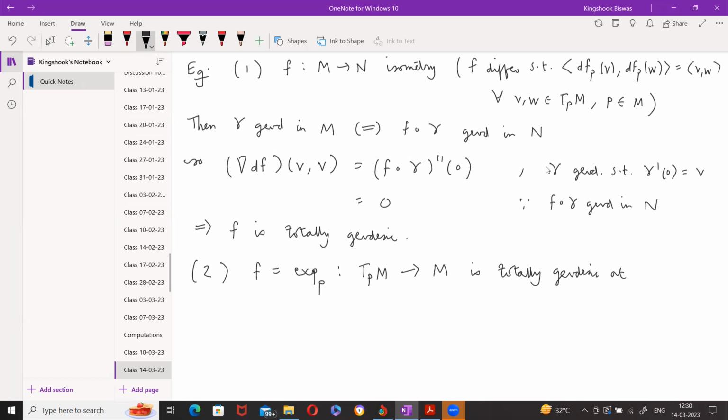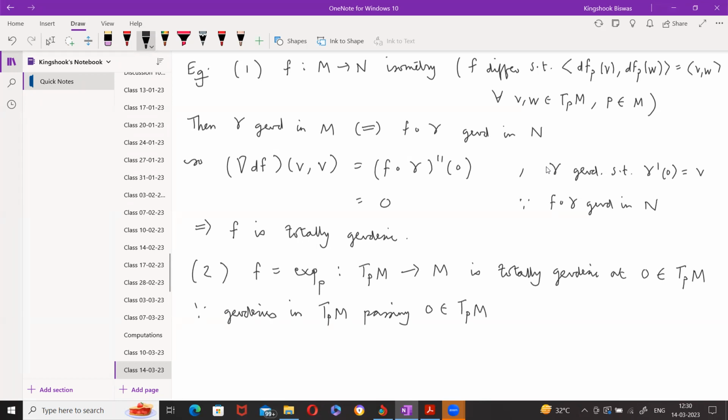because geodesics in T_P M passing through 0 are just straight lines, right?